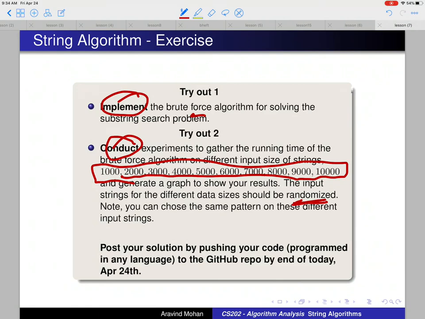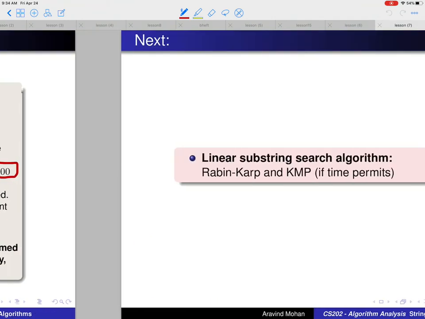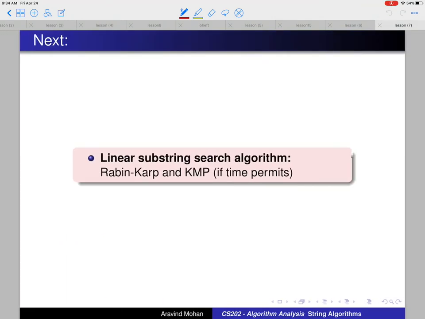And in your implementation, you could randomize the input string and choose the same pattern and conduct the experiments. Once you have completed your solution, you should push your code, which you can program in any language of your choice, to the GitHub repo that I will be sharing shortly.